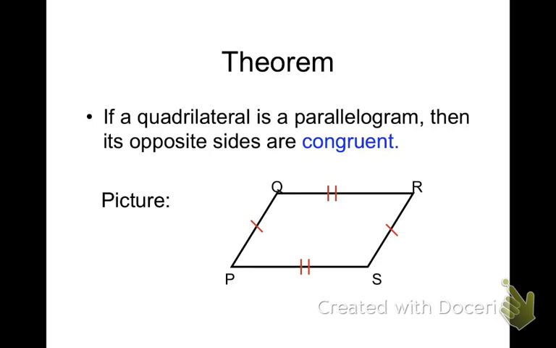Any guesses on what would be true about angle S and angle Q? Yeah. What about angle R and angle P? Do they look like they would be the same? Yes. So that gets us to theorem 8.4. Theorem 8.4 says if a quadrilateral is a parallelogram, then its opposite angles are congruent.